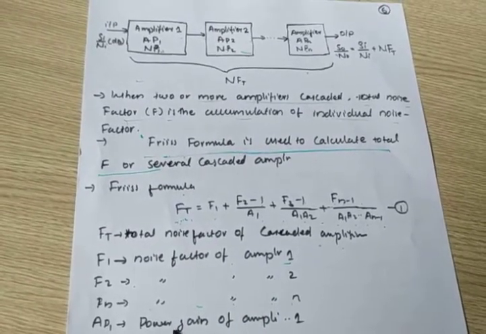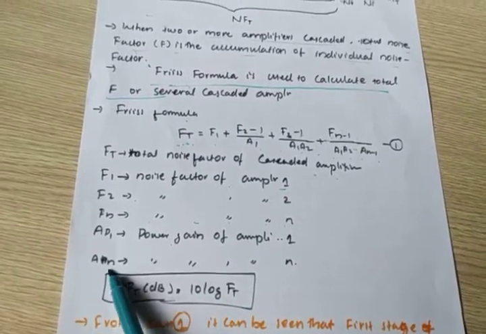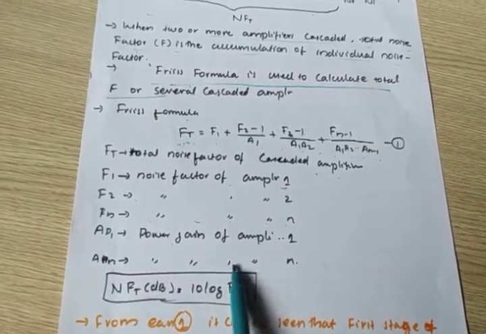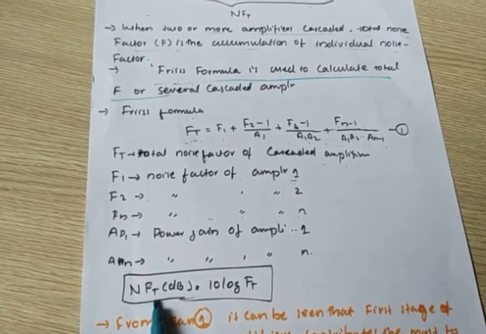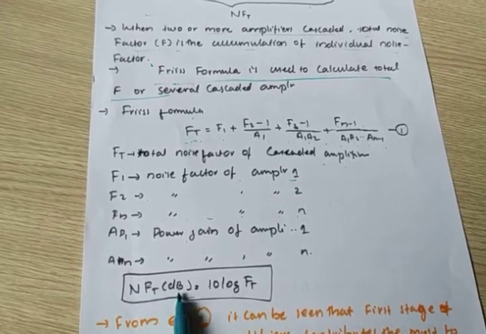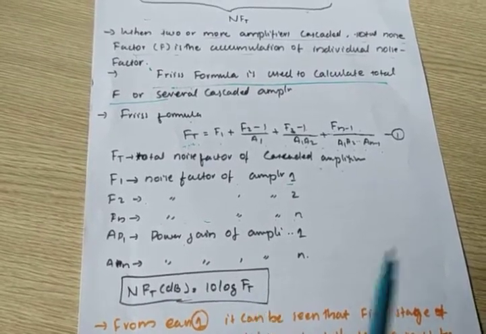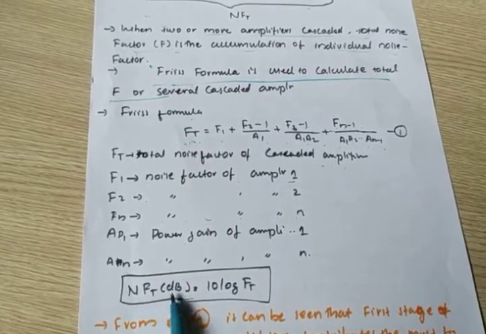Ap1 is the power gain of amplifier 1, and ApN is the power gain of amplifier n. The total noise figure NFT in dB is equal to 10 log Ft, where Ft is the total noise factor. So we take the logarithm to get the total noise figure.